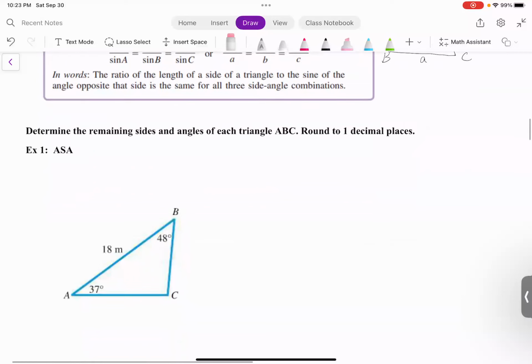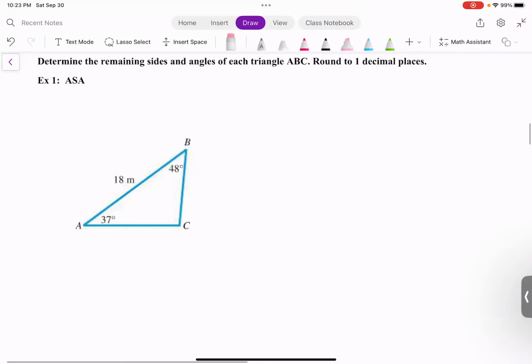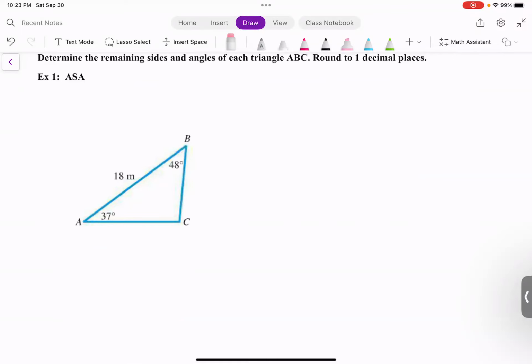All right, let's see the first example. Determine the remaining sides and angles of triangle ABC, rounded to one decimal place. Let's see what case this triangle is. I have one angle, two angles, and the side between these two angles.